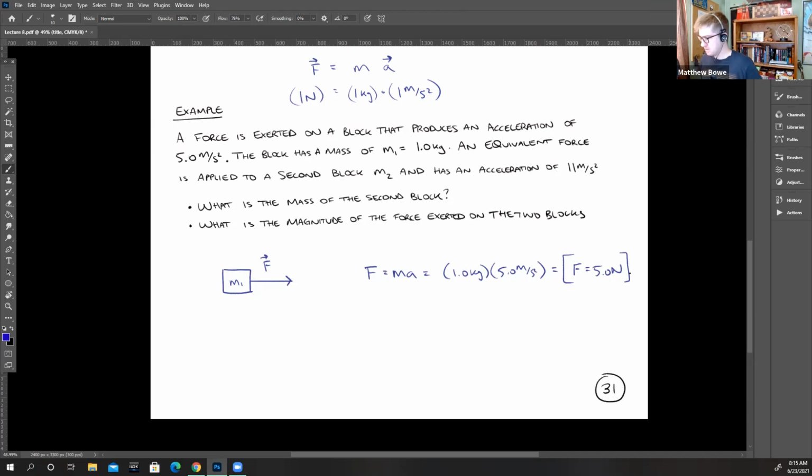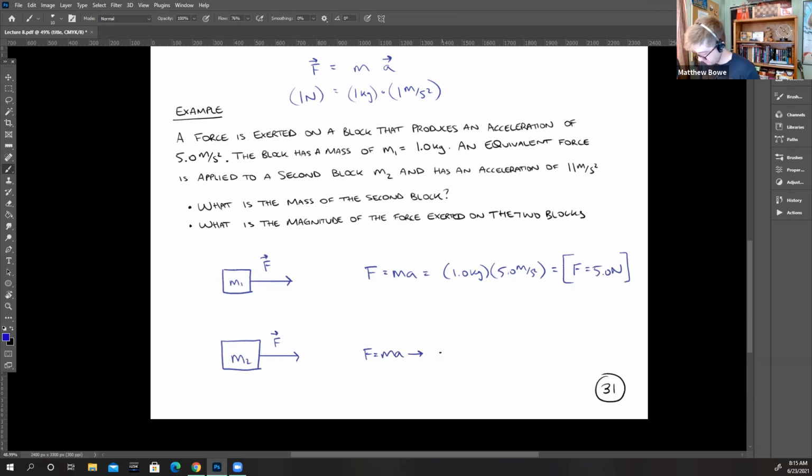Next up is, what is the mass of that second block? So we have a second block. It's of a different or unknown size or mass, but an equivalent force is applied. So we will say that F is the same for mass 2. We've already found F, the force, up here. So we'll say F equals ma.